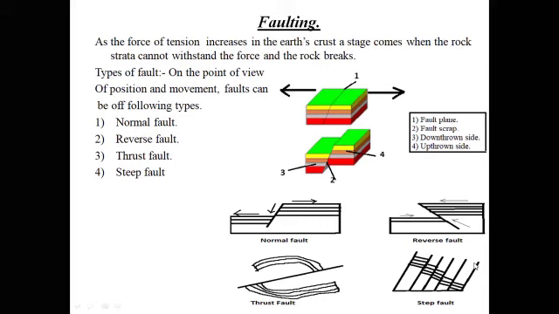The slope is over this side. So the fault looks like a staircase. These are the faults I have told you. It looks like a stair of a building, isn't it? So such types of faults are called step fault.